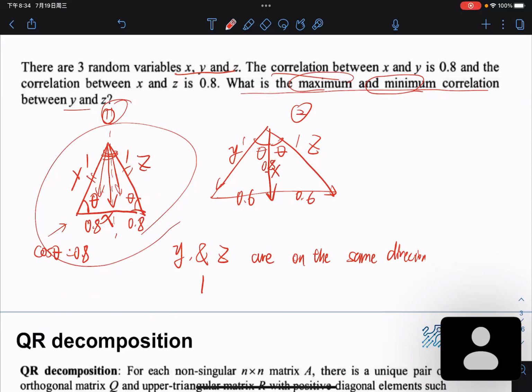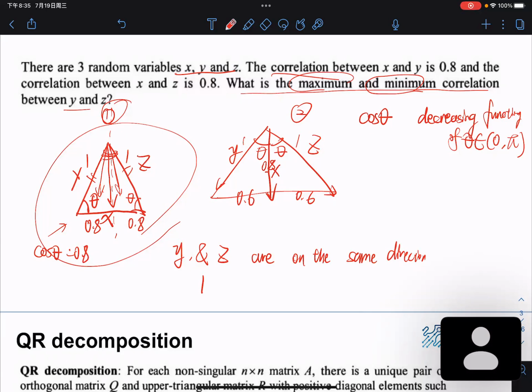Then for the minimum, we know cosine theta is a decreasing function of theta, when theta goes from 0 to pi, right? It's a decreasing function. And we know this theta cannot be larger than pi, it cannot be larger than 180 degrees.